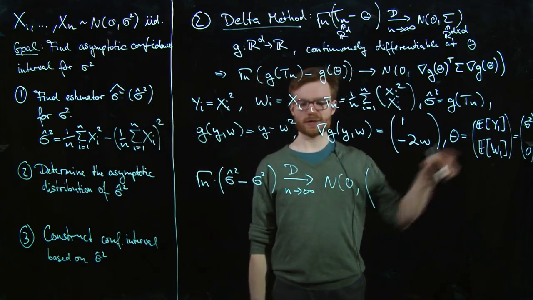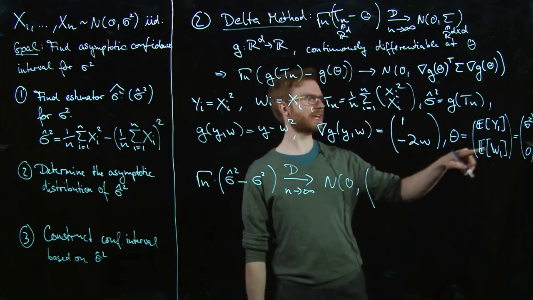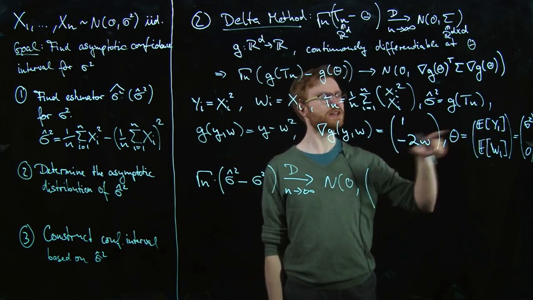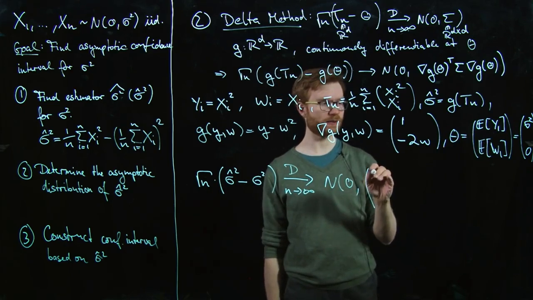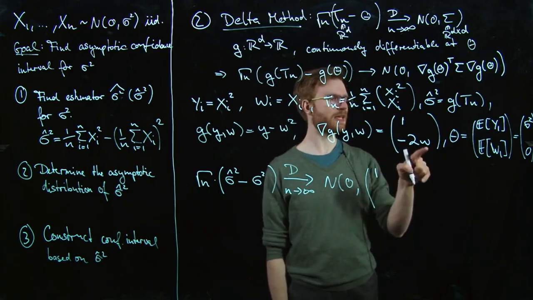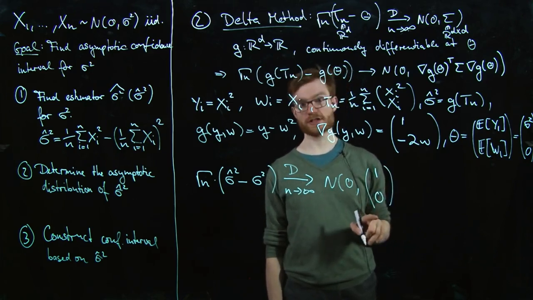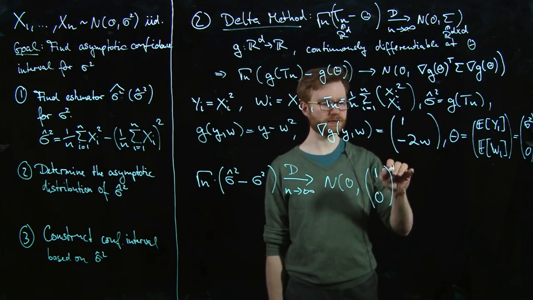Great. So we evaluate this gradient at theta. It doesn't actually depend on the first value of theta, so this is just going to be 1, and w is 0. So that's going to be our vector.